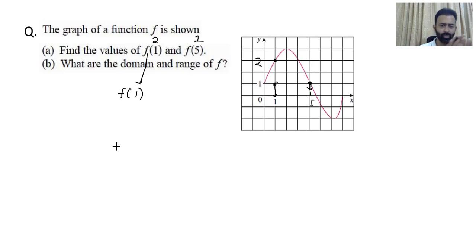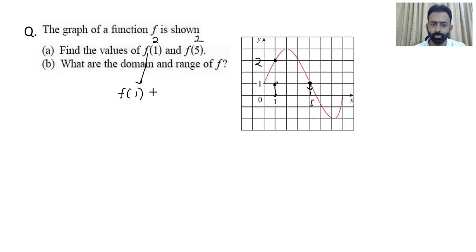And whenever we have to find the range, meaning the y, y moves vertically, so for range we look at the vertical values, the values between which the graph is lying. Horizontal boundaries are the domain, vertical boundaries are the range.